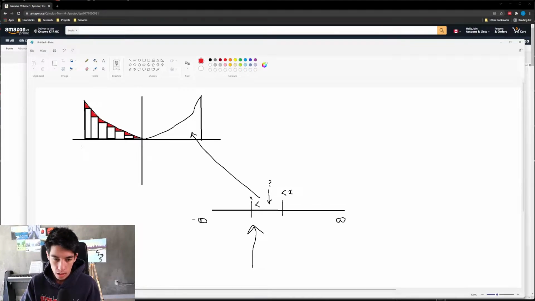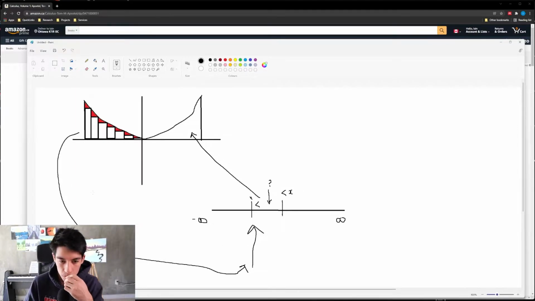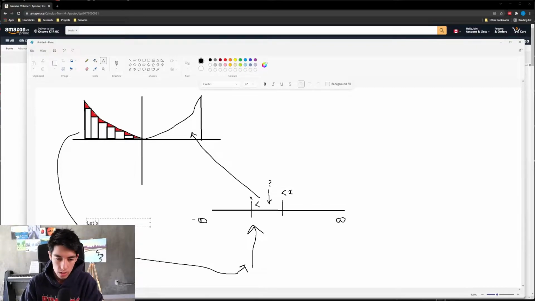Hence, these rectangles give us a lower bound, right? Let's give these rectangles a name. We will call it the lower bound, and let the lower bound be symbolized by sn.